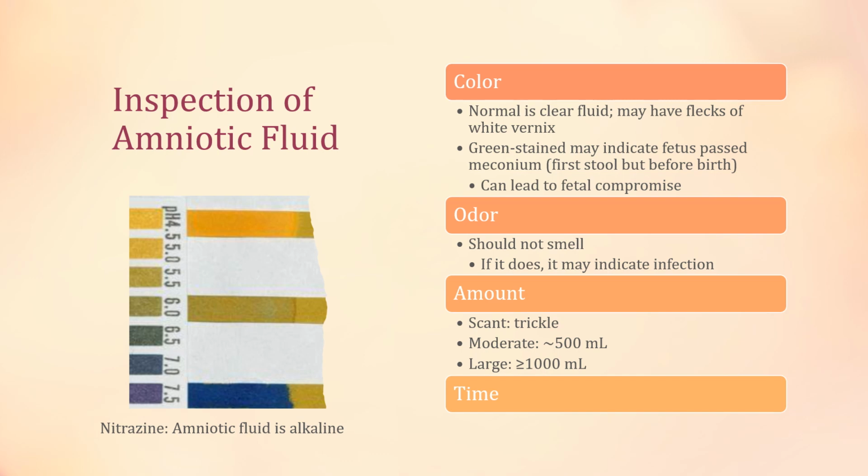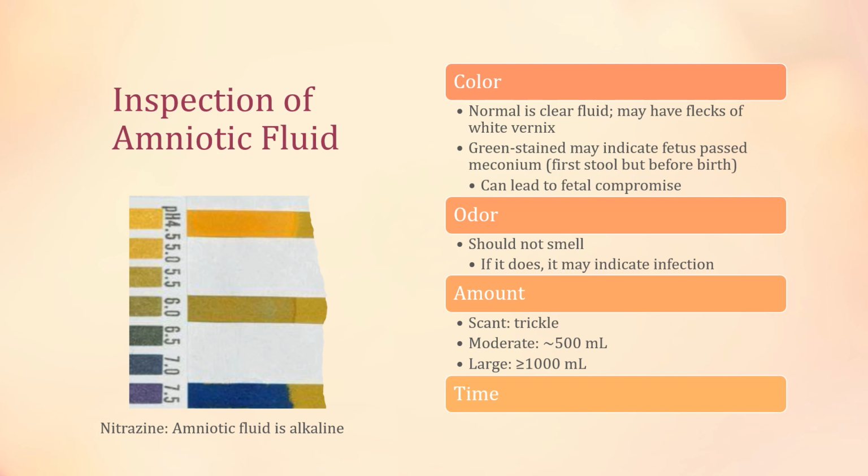You can press it up against the fluid. A lot of times we would put it between the labia and ask her to cough or kind of laugh, or do something to simulate movement and a little bit of pressure. Whatever fluid is there, if it turns blue, then it is probably amniotic fluid, because amniotic fluid is alkaline.